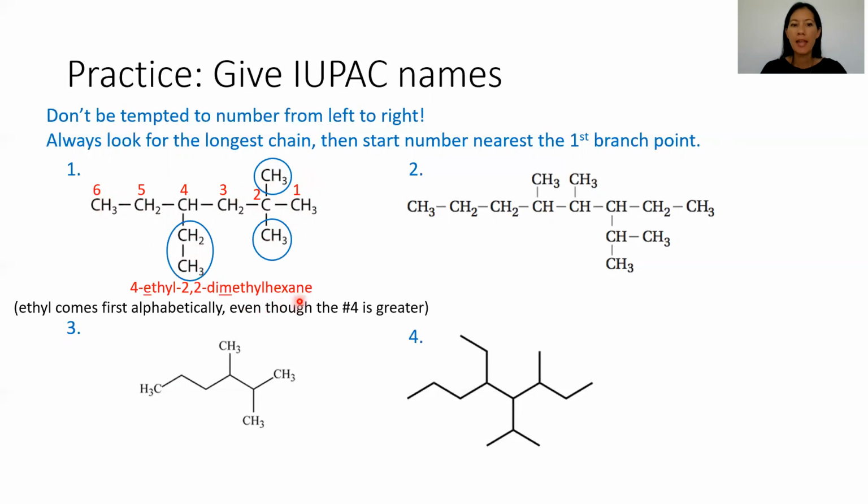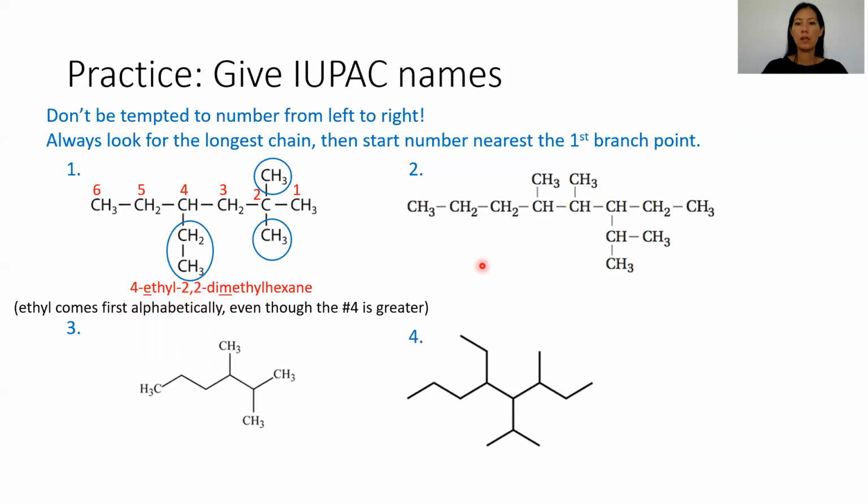I have hexane and I have 2 methyls here. So I need a 2,2-dimethyl, but I also have a 4-ethyl. E comes before M, so I write 4-ethyl-2,2-dimethylhexane. Notice dashes between numbers and letters, but between numbers, it's just a comma.